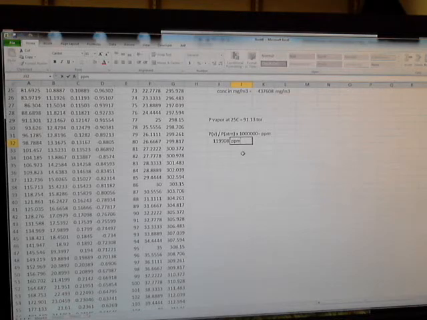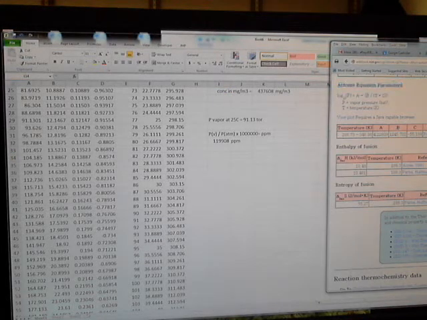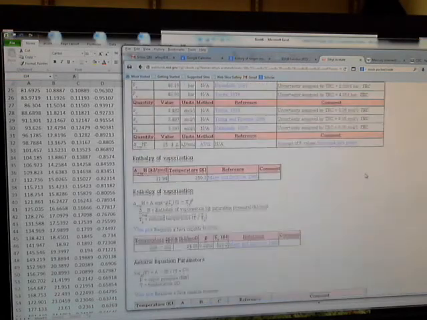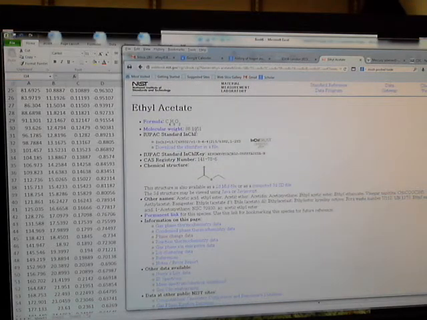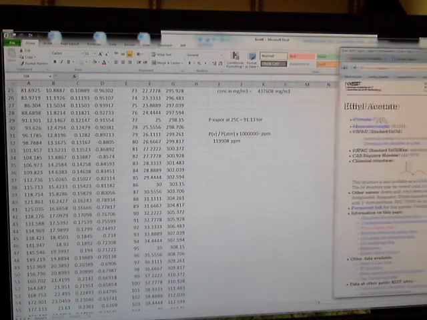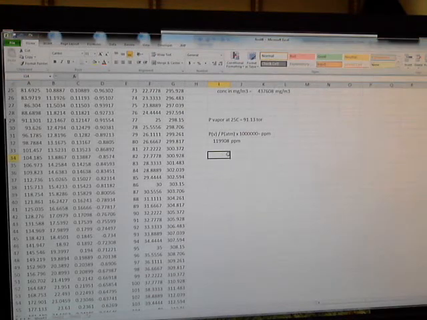Alright, now we want to convert from ppm to milligrams per cubic meter. This is where we need to know our molecular weight. So our molecular weight is 88.1 grams per mole, and our molar volume, because it's 25 C, equals 24.45 liters per mole.